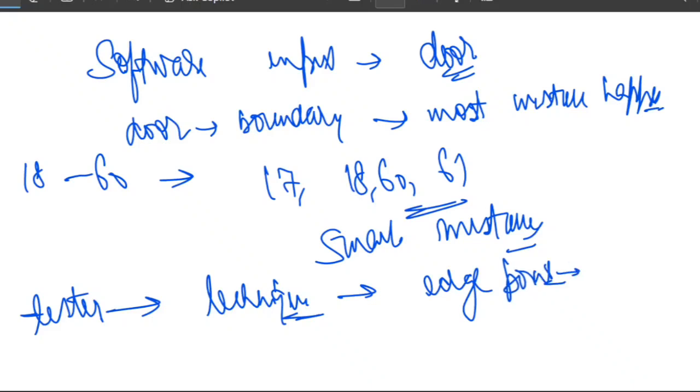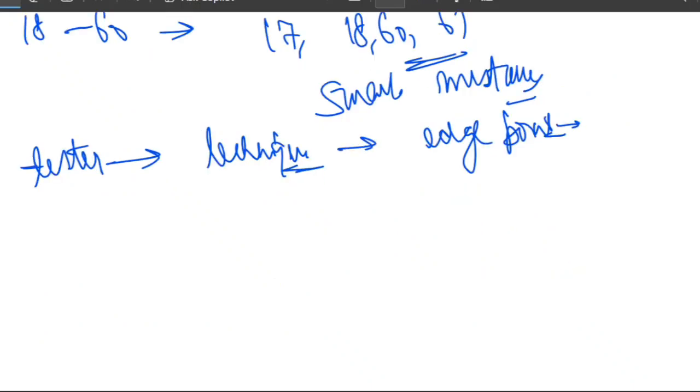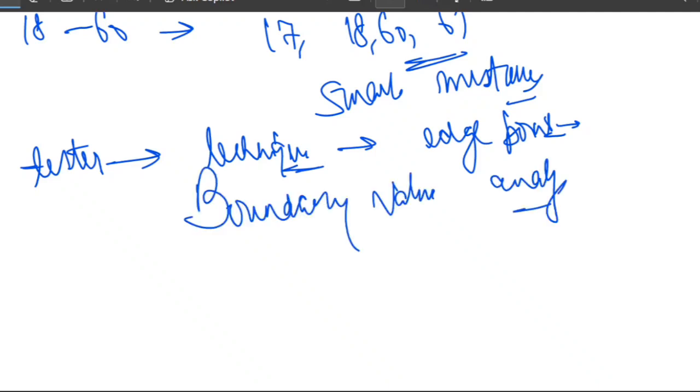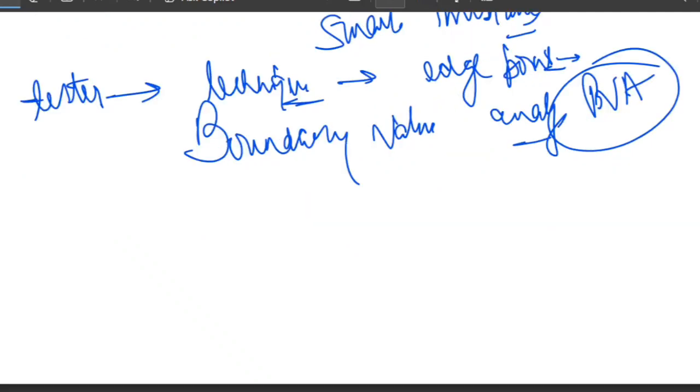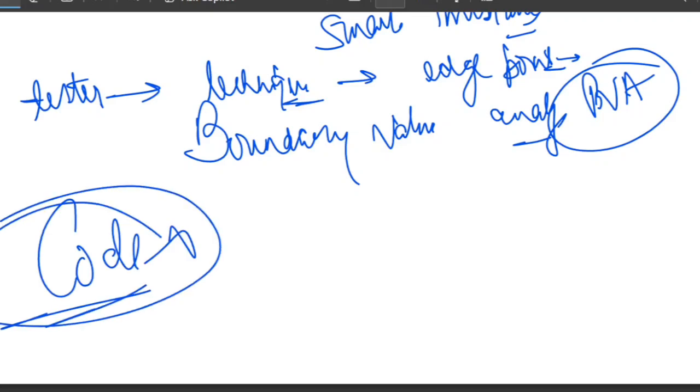And that technique is what we call boundary value analysis. In short, we call it BVA. This is the classical black box testing method, because the tester does not need to know the code. They only care about the input range and its limits. So they have nothing to do with the code. They only care about what?